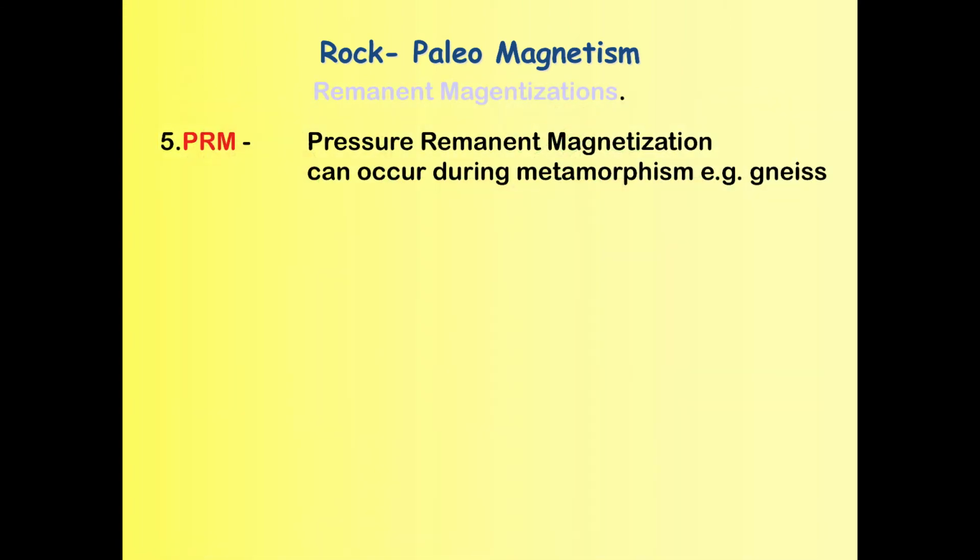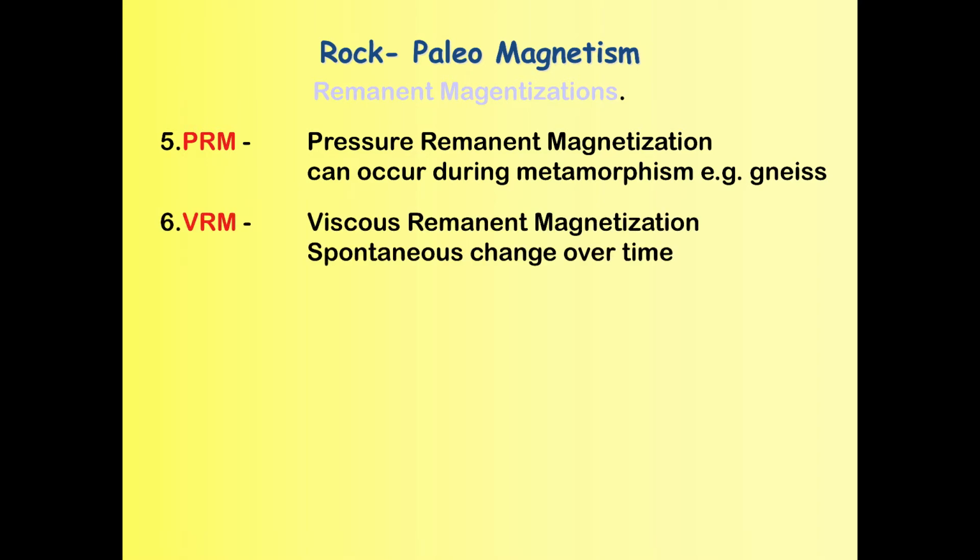There are a few other magnetizations that might modify our original remnants of the rock, our primary one. These are sometimes referred to as secondary remnants, and there's a whole bunch of these too. It turns out that squishing the rock can change the magnetization, so you get a pressure remnants. There's a viscous remnants.